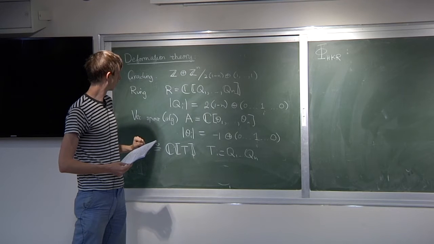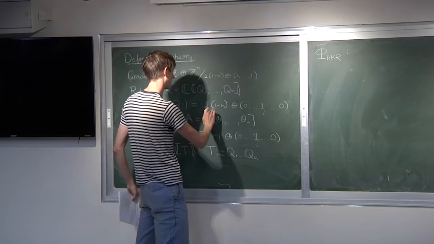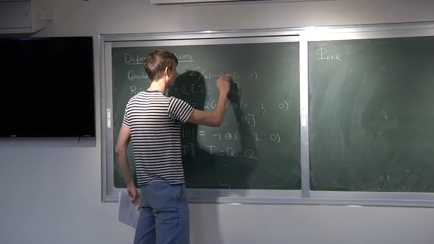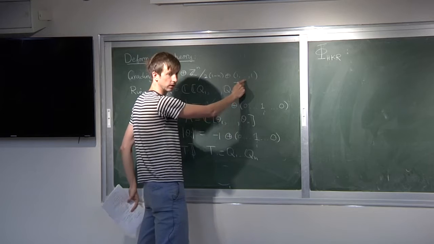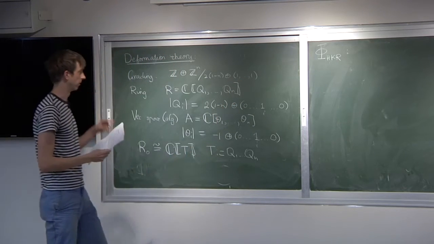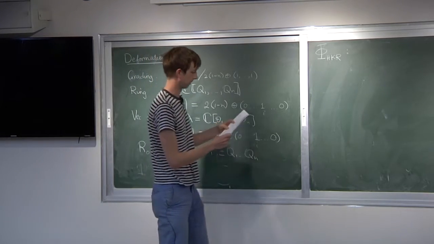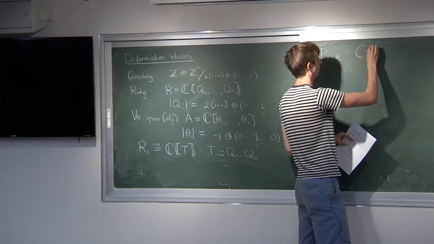It's already 0 in the graded group. Sure, so I could write this. Sorry, this is the sum of these two. So I could also write this as.